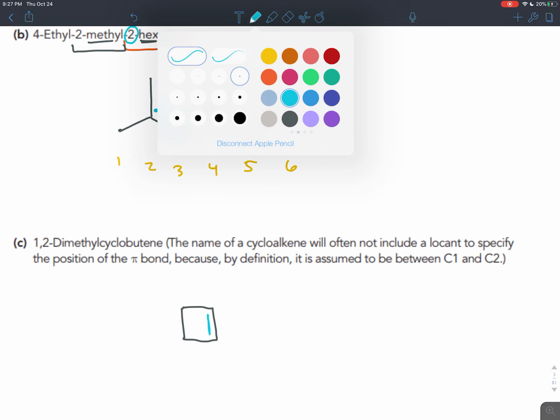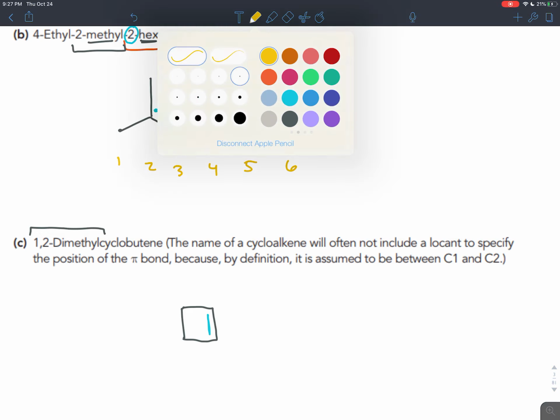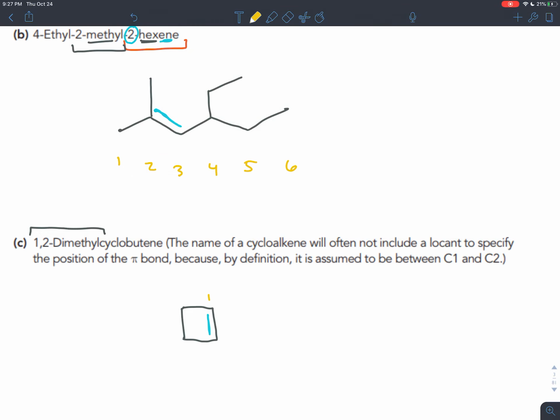So that's our backbone. Now let's think about our branch. Well, we have 2 branches. They're the same type of branch, though. Now, just so that we have some clarity, let's number this. If you number this first carbon number 1, notice number 2 has to be the carbon at the other end of the double bond. Number 2 could never be over here. It has to always go to the other end of the double bond. So that's 1, 2.